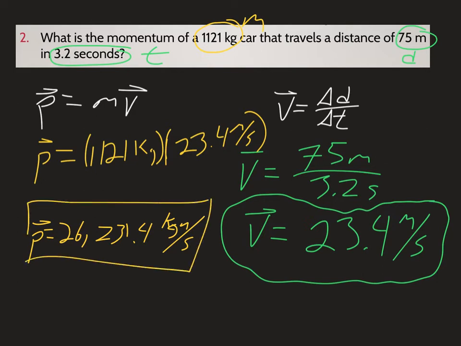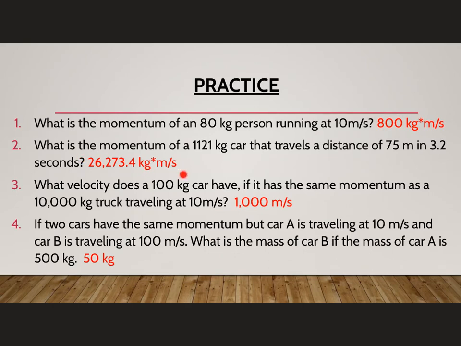And I'm going to box that one in because that is my answer. So if you look, this number is slightly different than what we got. We got 26,231.4, not 73. That's just a rounding error. I rounded when I got my velocity, and so it changed the value of this. That's not a big thing. Most of the time, there's something to account for that in the margin of errors. So this is still a correct answer.